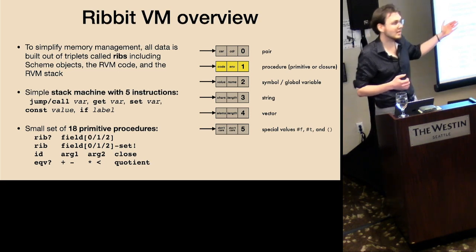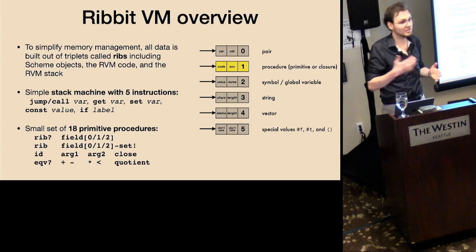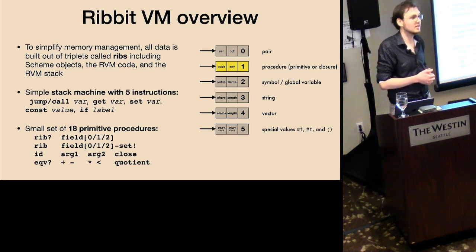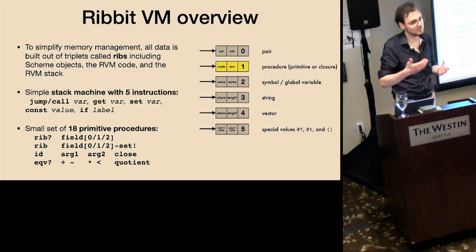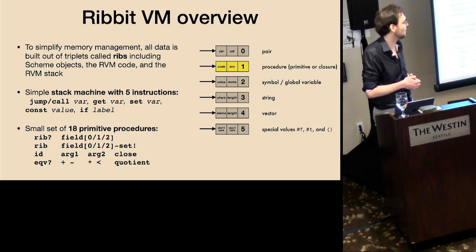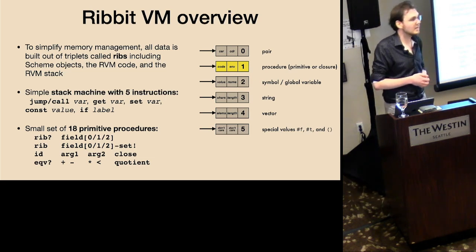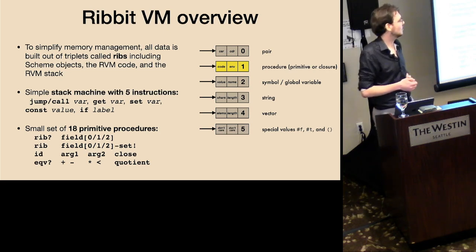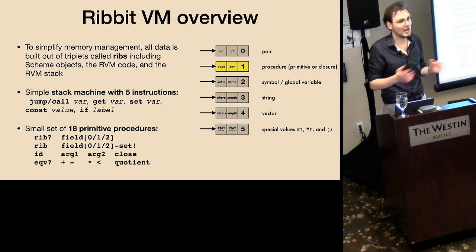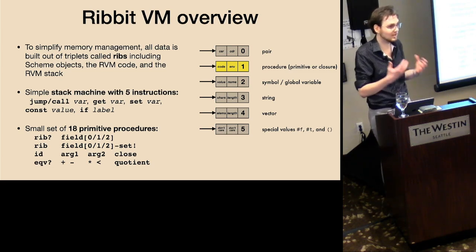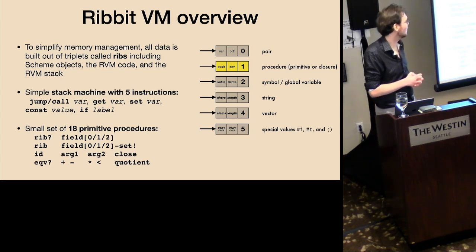The pair, for example, is a three-field vector where the first field is the car, the second field is the cdr, and the third one is a tag to say that it's a pair. Ribs can be nested, so inside ribs you can reference other ribs or numbers. And the whole program is represented this way.